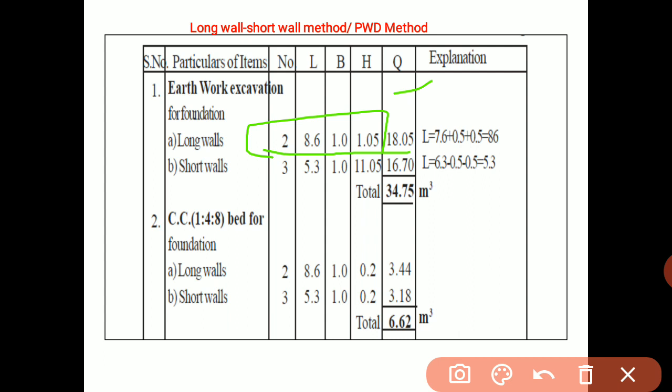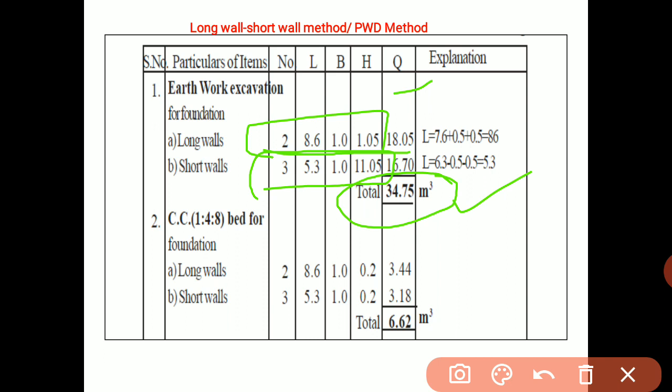Similarly for short walls, we multiply all those values and get the value for short walls also. Then we add up the long wall and short wall values to get the total amount of excavation. Clear? So it is 34.75 cubic meter. So this much excavation work we are supposed to do for this two-roomed block.